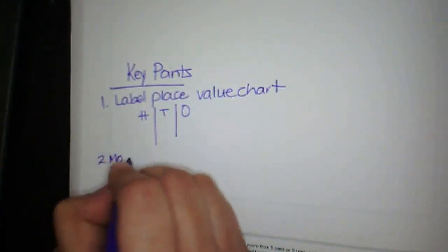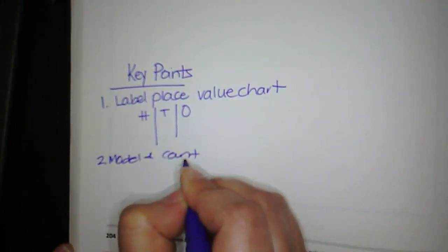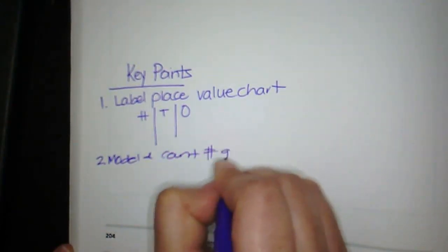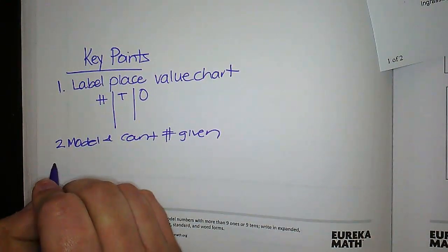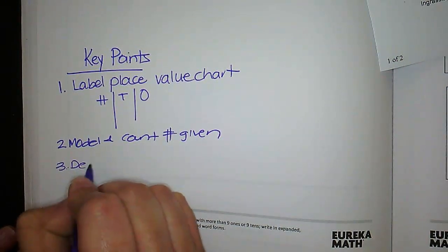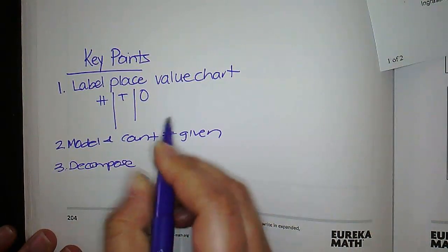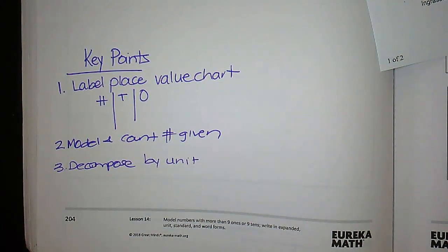Then I model and count the number given. Step number 3 is decompose by unit. Remember, units are ones, tens, and hundreds.